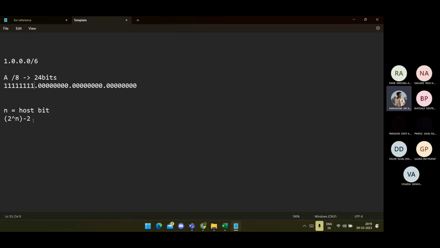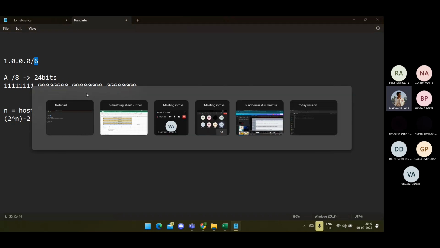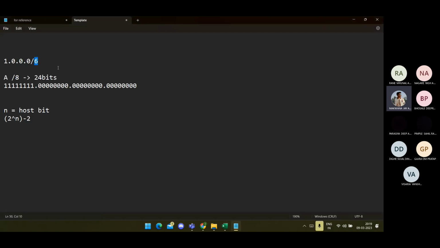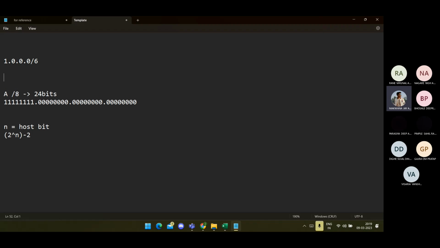Yeah, so the basic trick to remember is you can go up to /32, right? And you have /6. So how to calculate the number of host bits is simple.